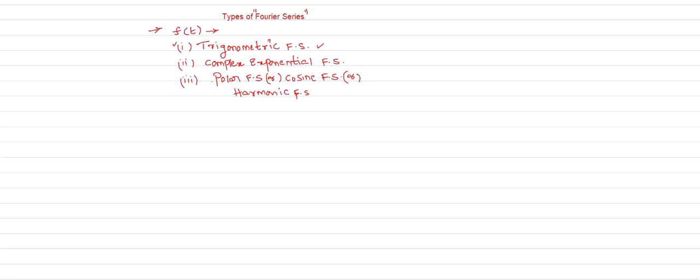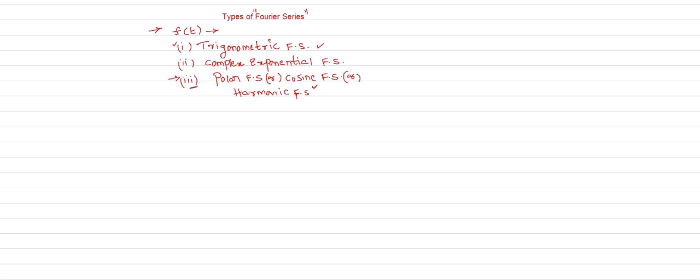This third one is the modification of the first one, which is your trigonometric Fourier series expansion. When you represent your trigonometric Fourier series, which consists of the sine and cosine terms, exclusively in the form of cosine, that is your cosine Fourier series representation, or polar Fourier series representation, or harmonic Fourier series representation.